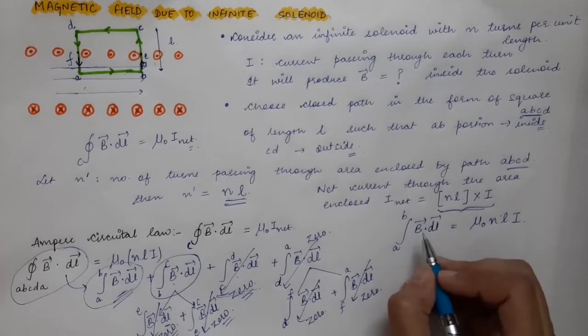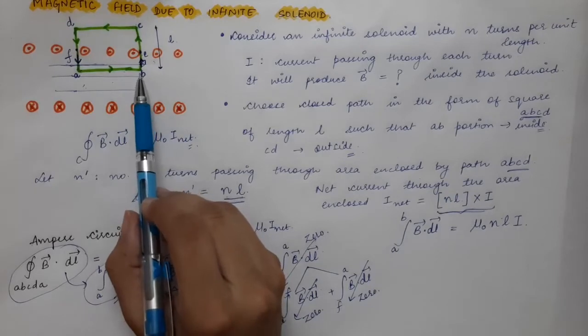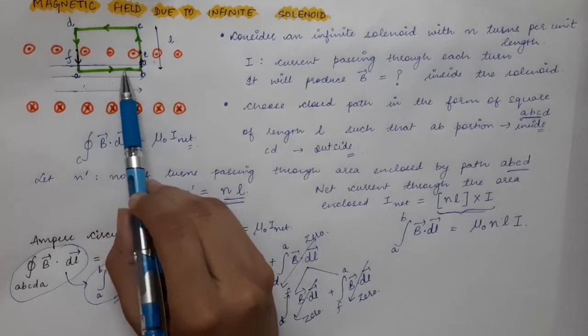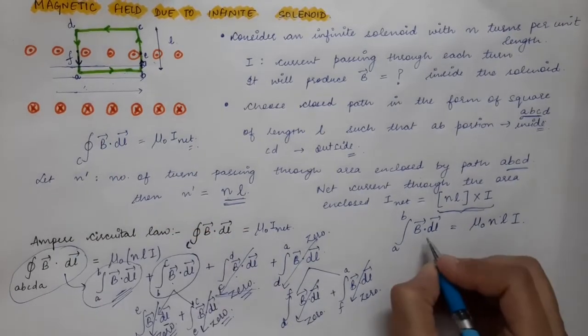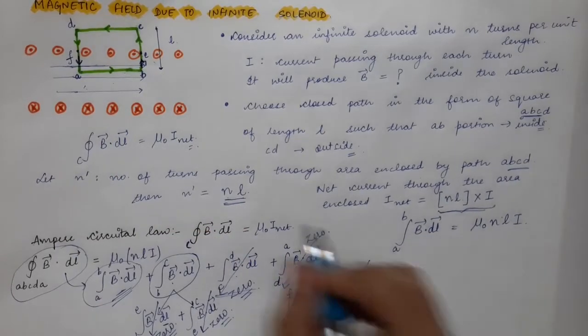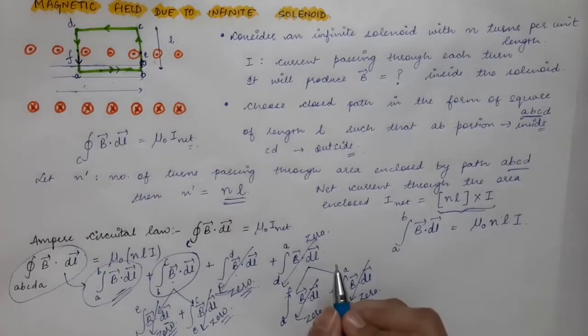Now as we have said, inside the solenoid the magnetic field is uniform. So at every point the magnetic field remains the same. So this B vector will be pointing in this direction and the DL vector will also be pointing in this direction.